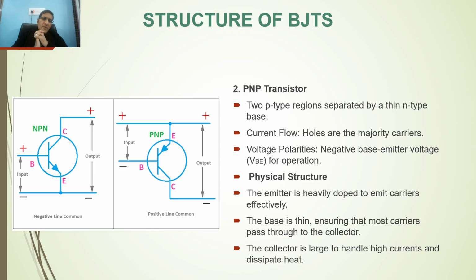Just remember, PNP means pointing-in emitter current. NPN means emitter current not pointing in. Not much more than that. Here are some important points regarding the physical structure. As you see, the emitter is heavily doped, and the base we have already discussed. So now move further.